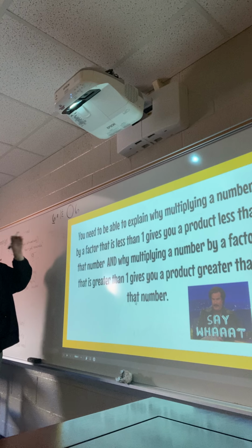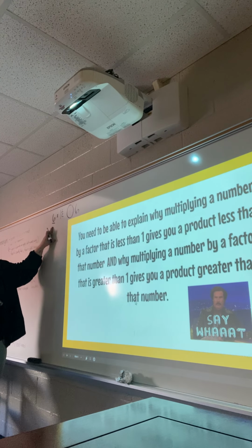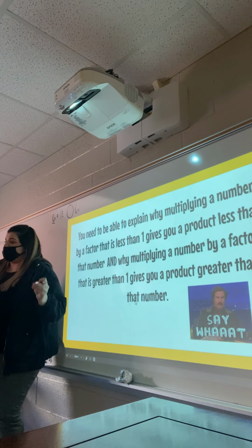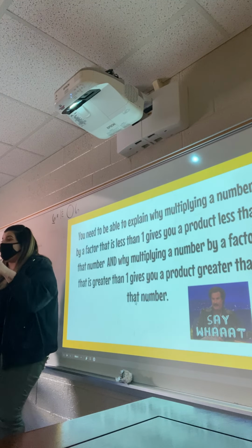Well, maybe not just 1, it might go up more, but do you think 6 times 1 1/2 is going to be bigger than 6 or less than 6? Bigger than. It's going to be greater than 6. So my rule also tells me that if I take a factor and I multiply it by a number greater than 1, then my product or my answer is going to be greater than that original factor, okay? So I can already look at this and I see that this number is bigger than 1 and I'm comparing my 6's. I know this is going to be greater than, okay?